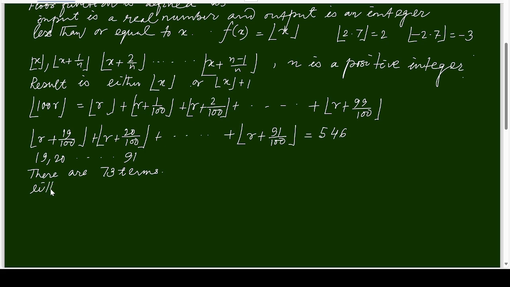Each of the 73 terms has a value of either floor of r or floor of r plus 1. If we roughly calculate 546 divided by 73, we get 7 point something.